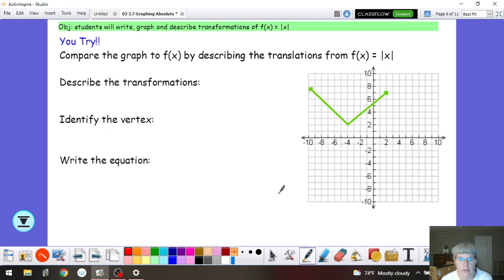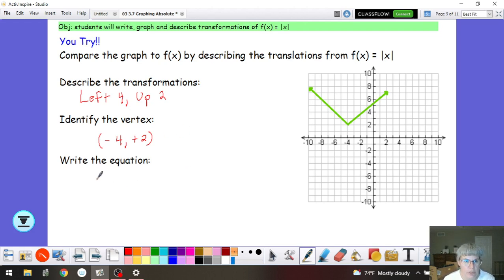Let's take a look at another. So if I describe my transformations, I'm always starting from 0, 0. This graph went left 4 and up 2, giving us a vertex of -4, +2. You wouldn't have to write the positive sign like I did.